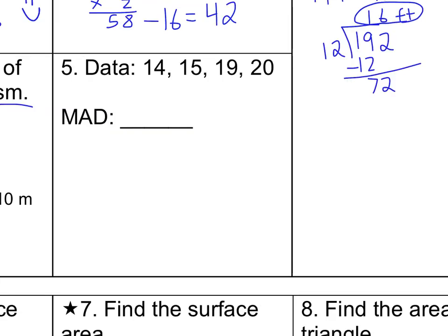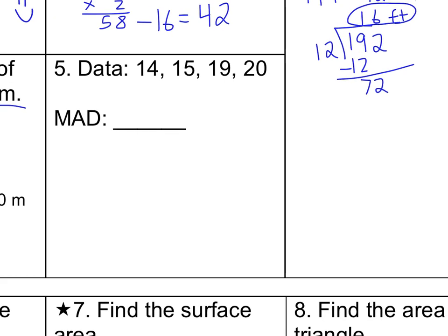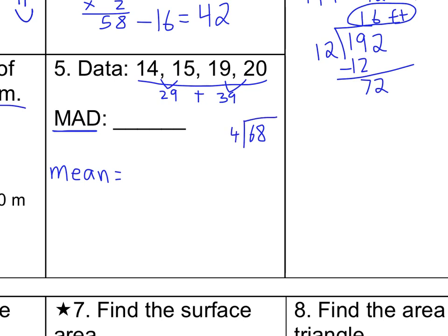So remember, mean absolute deviation, or MAD, is a 2-step process. You could even call it a 4-step process, but it depends on how well you understand the mean. First thing is to find the mean. So we have to add all of these numbers together, like so. And then we're going to take that sum and divide it by how many numbers there are.